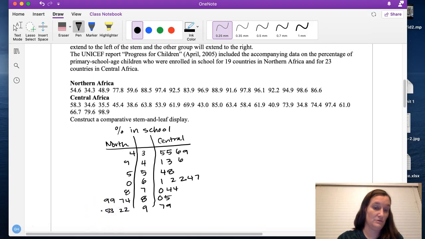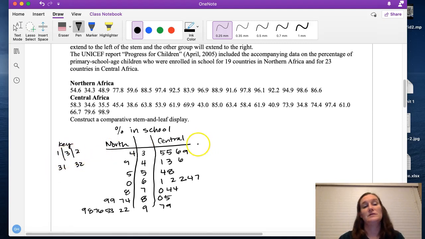And then there's a whole ton of 90s. All right, so there's my stem and leaf comparison. And I should have a key, I'm just going to make up some numbers. This is 32 and 31. So you're writing it backwards on that side.